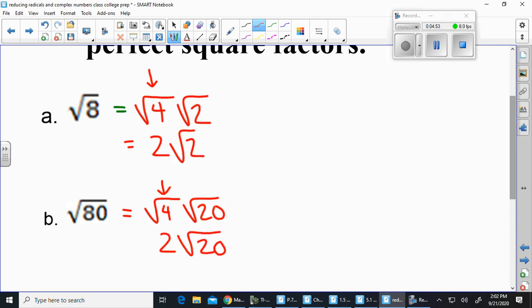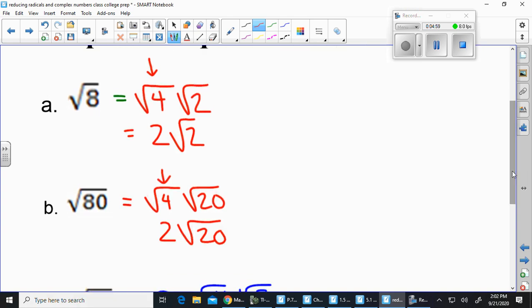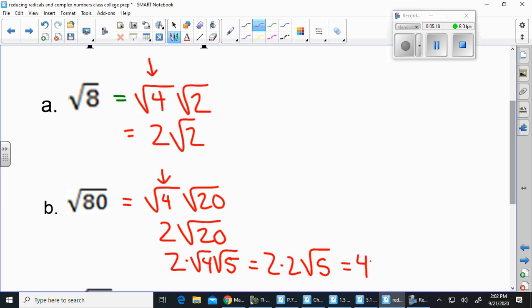The square root of 20, I don't know. But I can't have a perfect square factor. 4 goes into 20. So then I'd have to do it again. That 2 would stay. Square root of 4, square root of 5. Well, that first 2 stays. Square root of 4 is 2. Square root of 5 I don't know. That is 4 square root of 5.